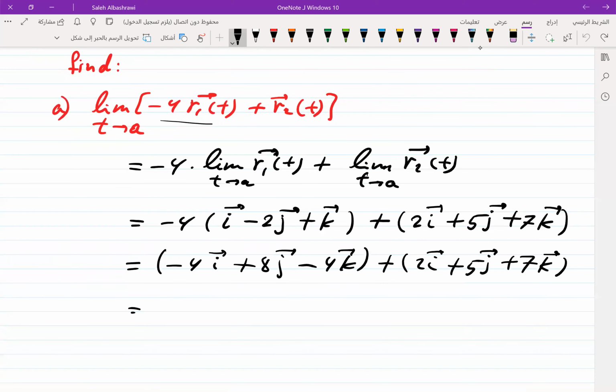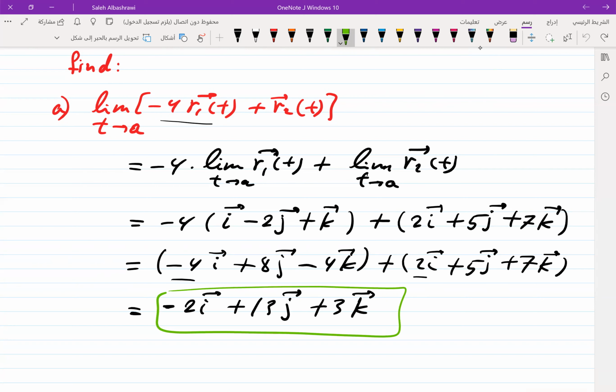The first with the first: minus 4 plus 2 is minus 2i. 8 plus 5 equals 13j. Minus 4 plus 7 equals plus 3k. So this is the limit for the given question, minus 4 r1 plus r2(t).